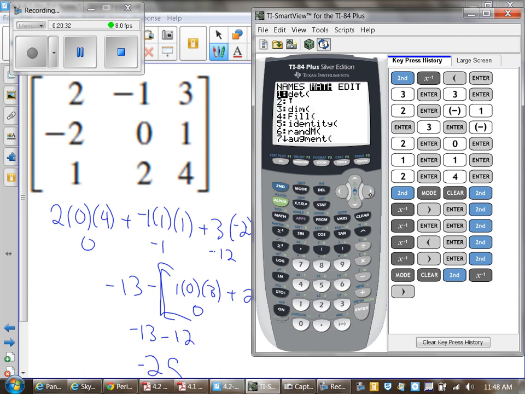Second matrix, math, determinant. And I have to figure out what matrix I want to take the determinant of. Well, I've called it matrix A in my calculator. And hit enter. Wait, how do we get out of it? Hit second mode, that just clears you off the screen.